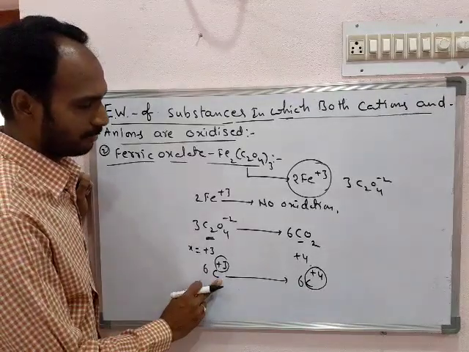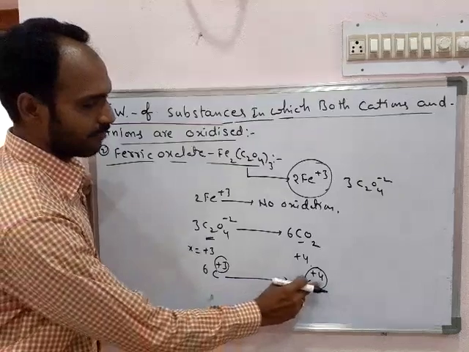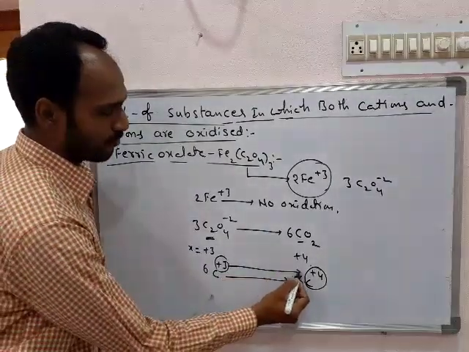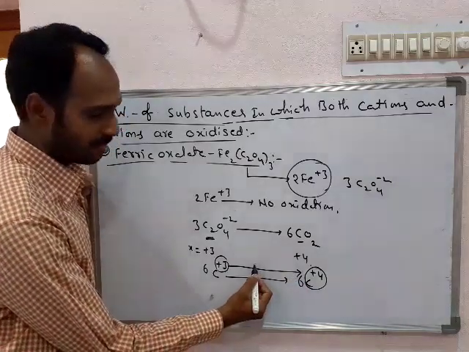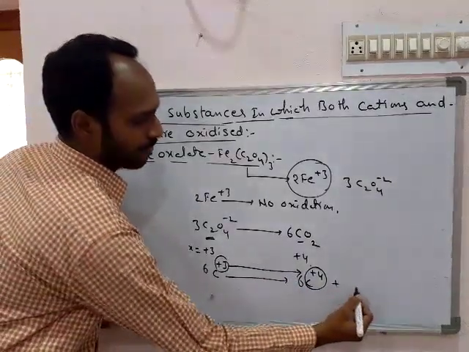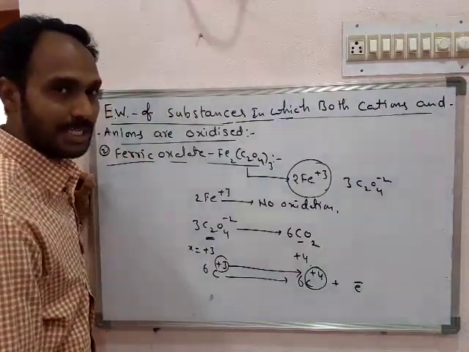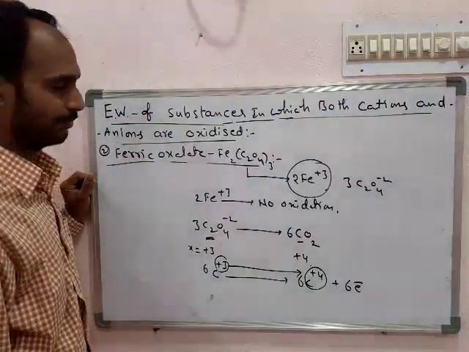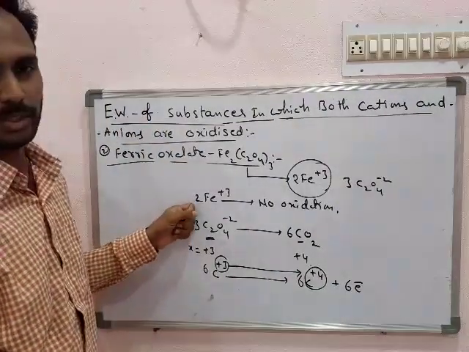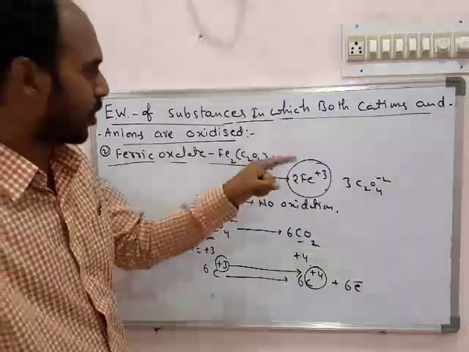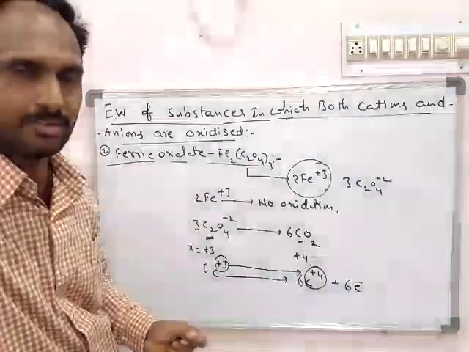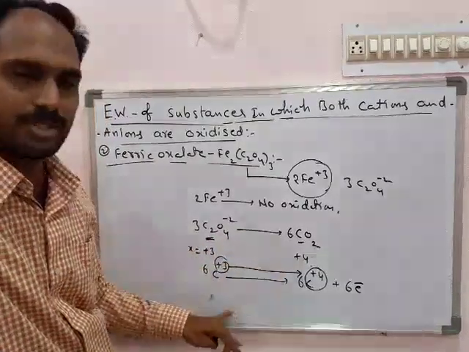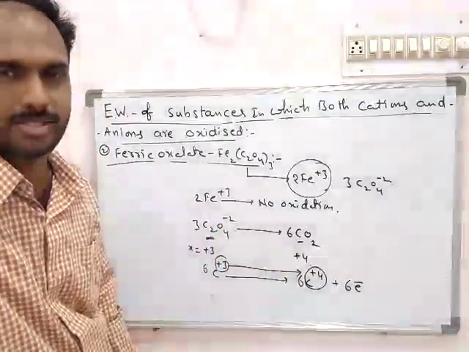Every +3 carbon is converted to +4. Here +3 to +4 there is a 1 electron difference, nothing but losing 1 electron. Such 6 carbons are there, so simply 6. Here the cation does not undergo oxidation. Actually, we are discussing both cations and anions undergoing oxidation, but in some examples only the anion undergoes oxidation.